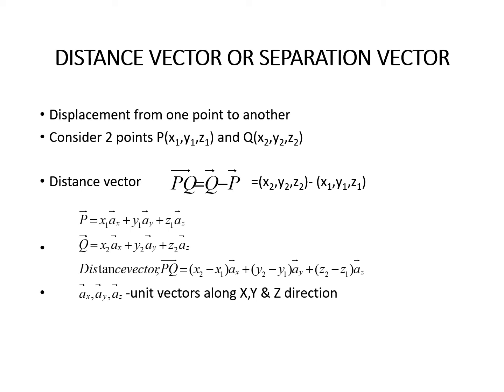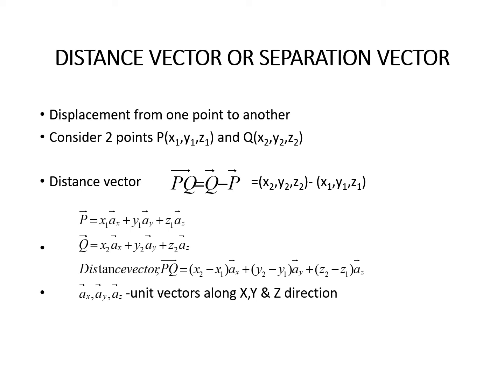The coordinates of Q vector are x2, y2, z2 minus coordinates of P vector x1, y1, z1. We can write P vector is equal to x1 ax vector plus y1 ay vector plus z1 az vector. Q vector is equal to x2 ax vector plus y2 ay vector plus z2 az vector. So distance vector PQ vector is equal to Q vector minus P vector.